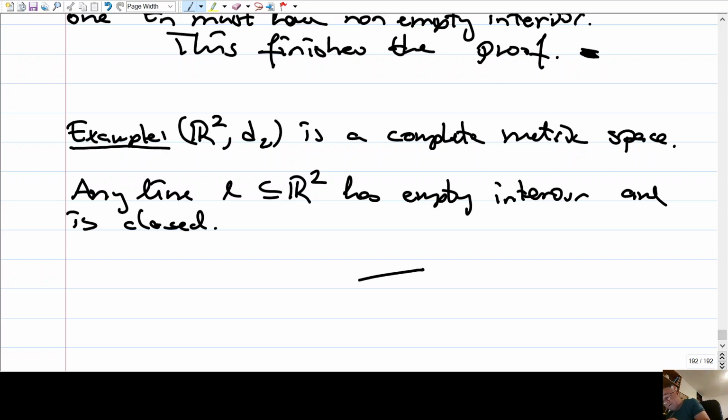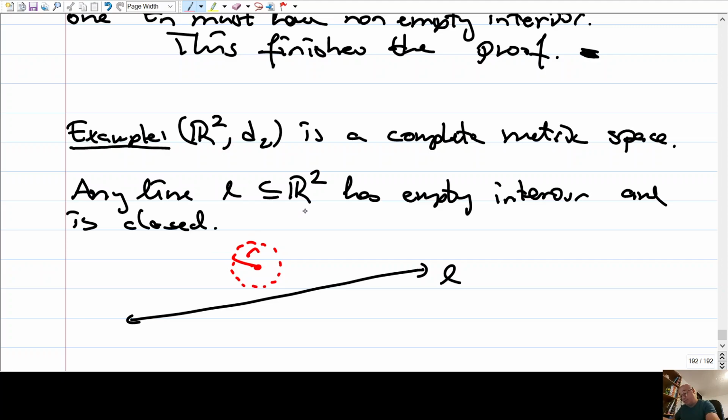Why is that? Whenever you take a line, this is a closed set, because if you pick a point outside this line, then you can draw an epsilon ball around it, of some radius r, so that this ball doesn't touch the line L. This shows that L is closed.